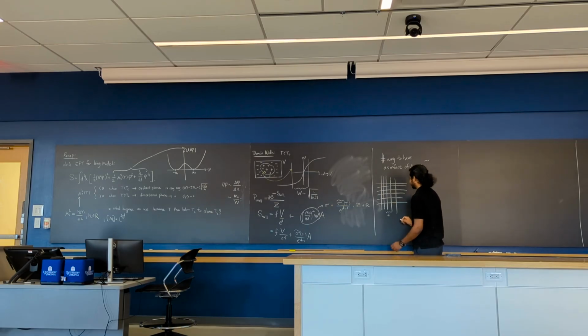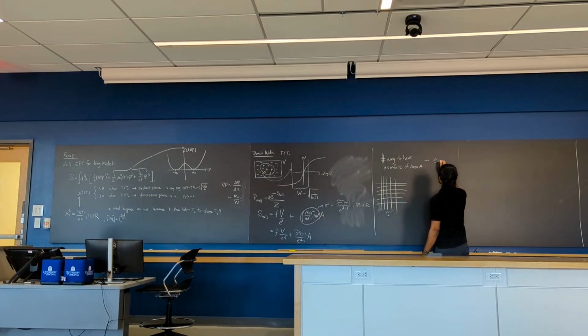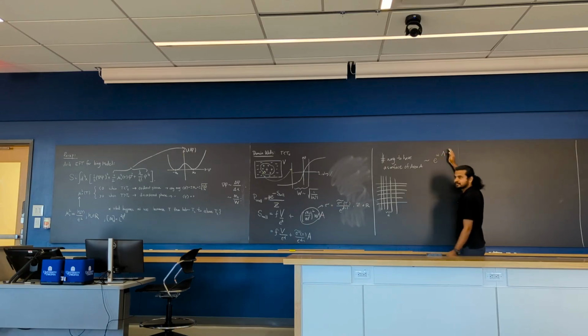Then the question is, given a length L, how many ways can you draw a closed curve with length L? And I don't have a proof, but from what Siddhant was talking about, I feel like this is an exponential problem. So the number of ways is nothing but e to the alpha times length in this case, but in general A.